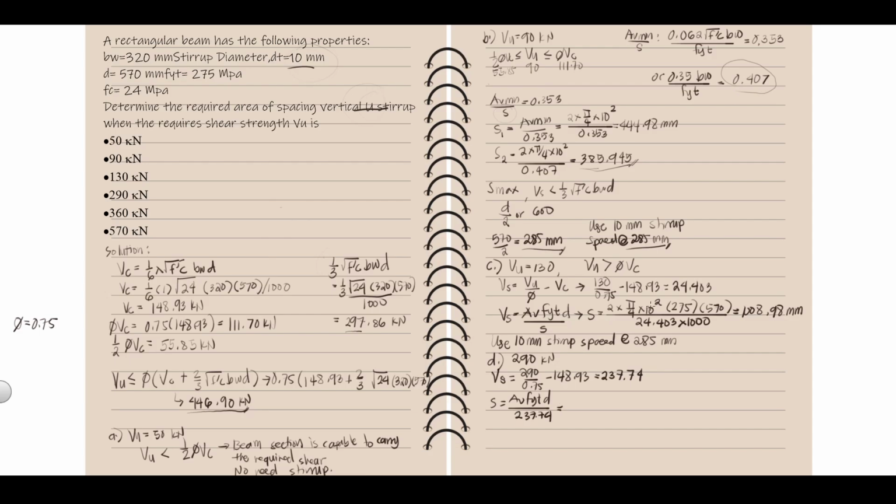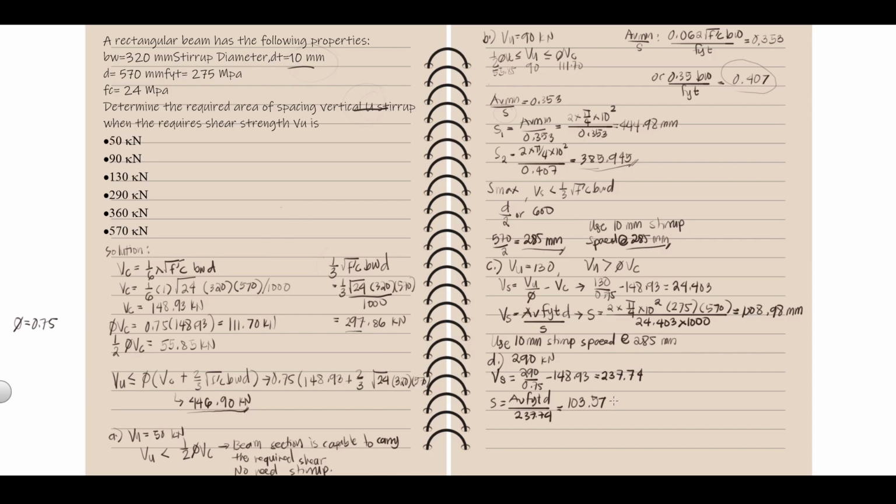So, ito lang, yung value na yun dito, no? Ilalagay lang natin doon. The same pa rin. Ang magbabago lang is yung nasa baba. Okay, gawin natin 237.74. So, ang lalabas na S natin is 103.57.